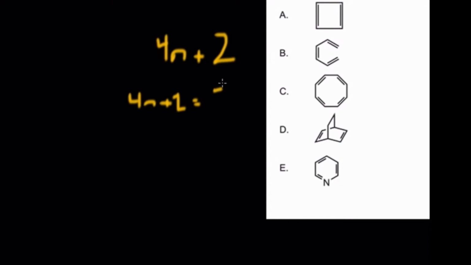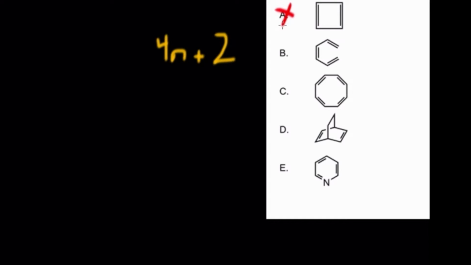Okay, so if we do the math and solve for n, 4 minus 2 equals 2, divided by 4 is a half. And you have to have whole integers. So A is not aromatic. Does that make sense? Well, maybe we'll run through another one. But you know that the answer cannot be A.